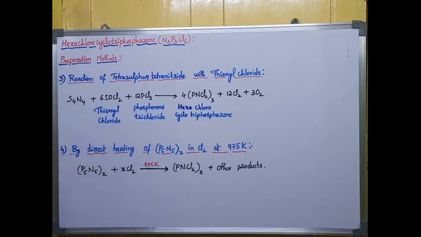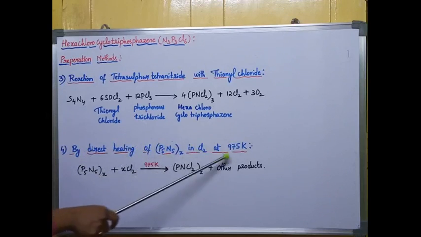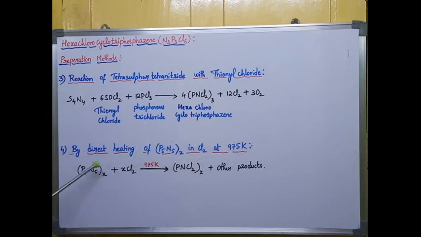Okay, so the next method is by direct heating of P5N5X, phosphorus pentanitride, in the presence of Cl2, chlorine, at 975 kelvins. Okay, so I am heating this P5N5X directly in the presence of chlorine at this particular temperature.